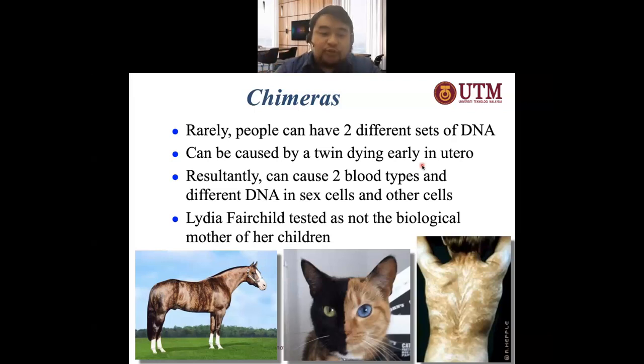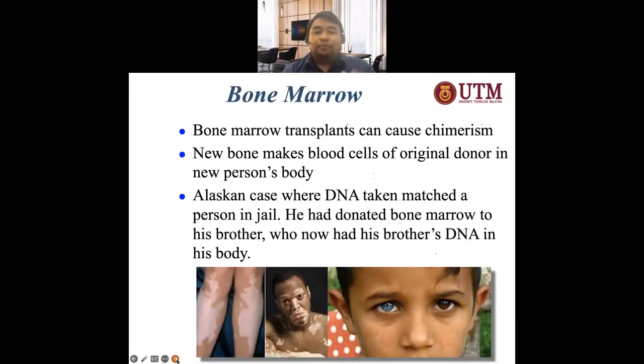This also happens to bone marrow recipients. You know that bone marrow transplant, the bone marrow is the housing for the production of your blood. So this housing of your blood would have a different DNA as compared to the rest of the cells in your body.